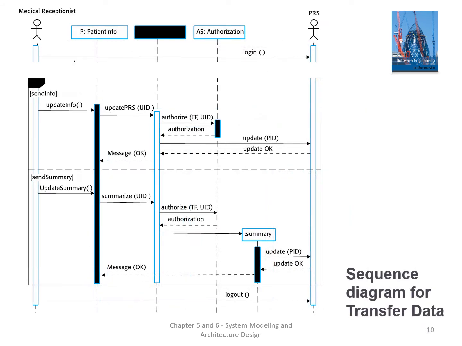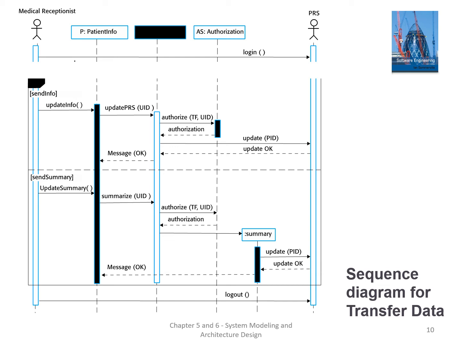These are more examples. The way to read the arrow is from up to bottom, and just follow the flow of the arrow to see what's happening. On top here are the objects involved, and here is the actor or the user.